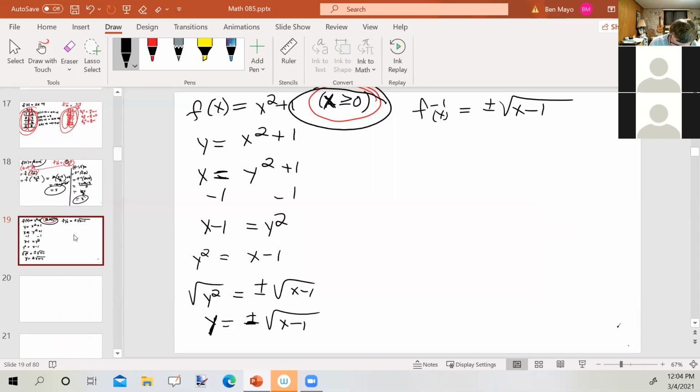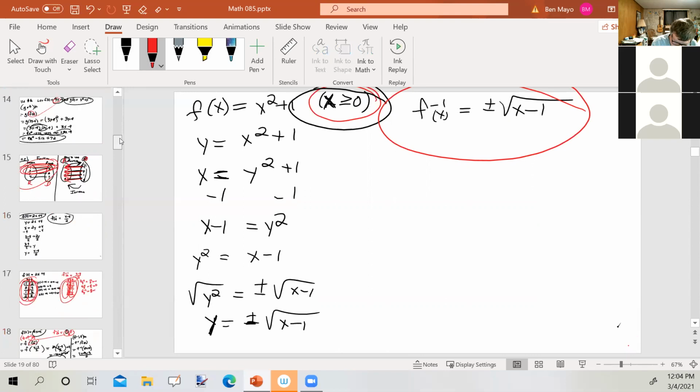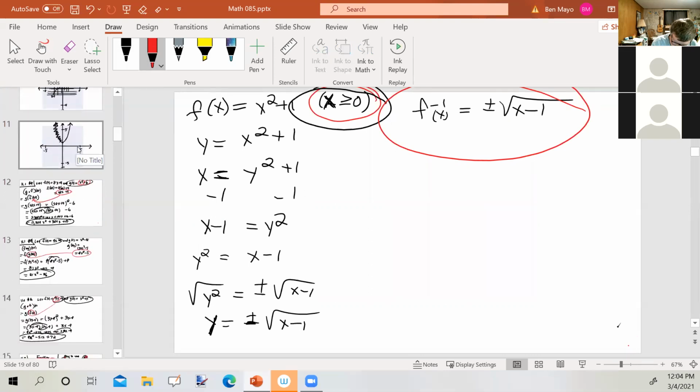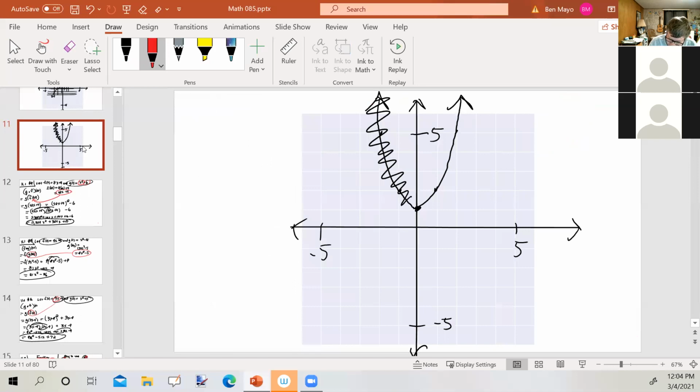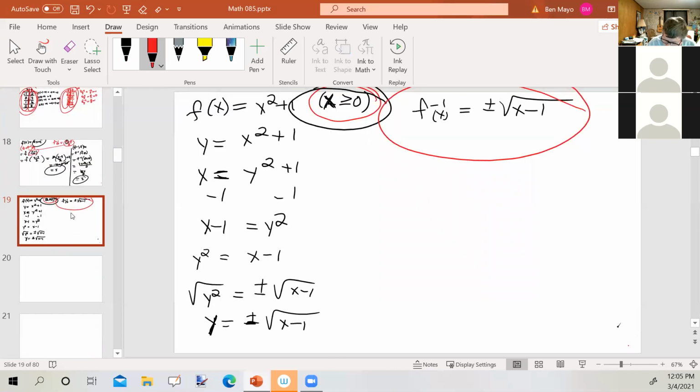Now, let's take a look at this thing. I'm not going to go into great detail about how to graph it. I'm just going to go ahead and graph it here, and if you have questions, I'll be happy to answer them. Notice that it has plus or minus the square root of x minus 1.